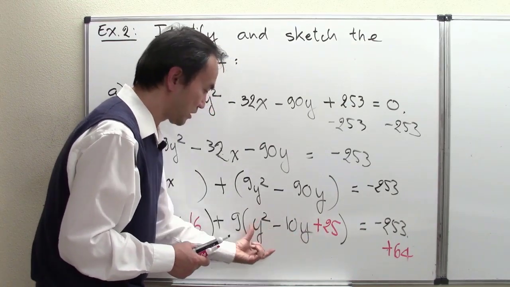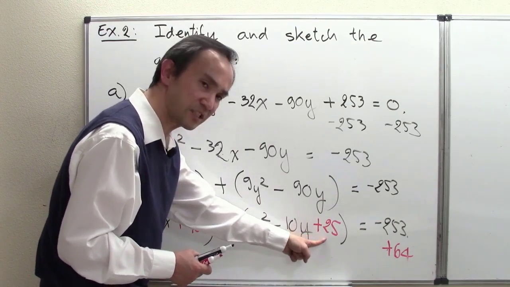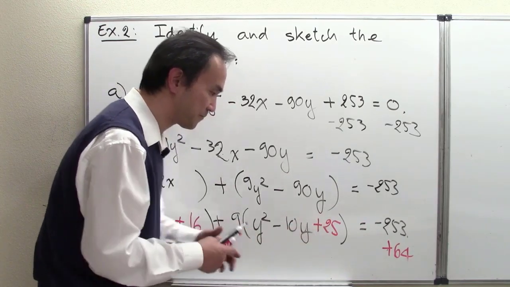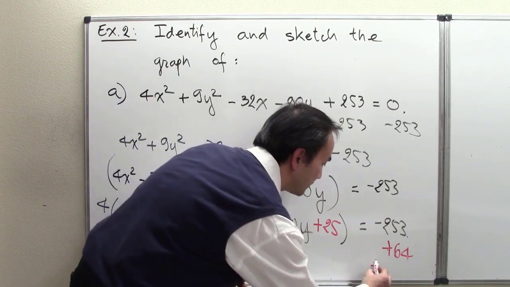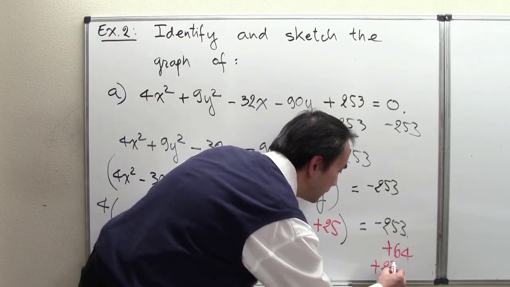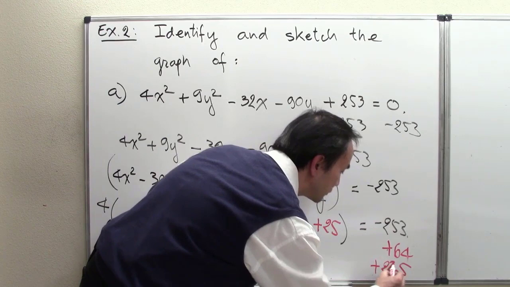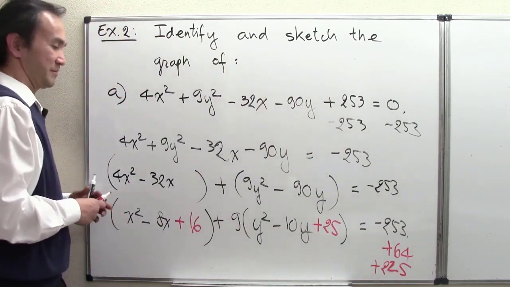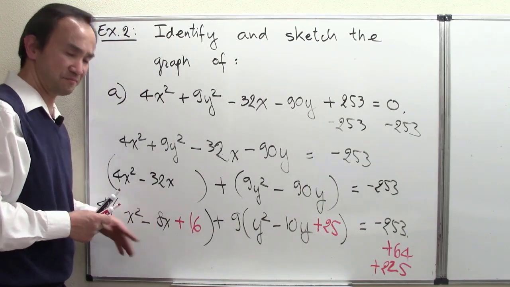But adding that 25 inside of the parentheses means now 9 times 25, so I'm going to need to add 225 to the other side of our equation.